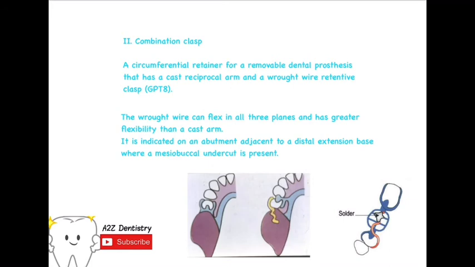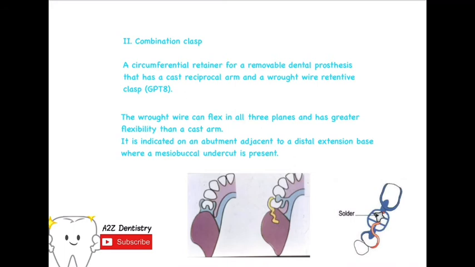In such distal extension cases, we can never give a simple circlet or a bar clasp for that matter. See why? Because if this undercut is present on the mesobuccal side, any downward force or masticatory force will make our retentive terminal come completely out of the undercut, right?